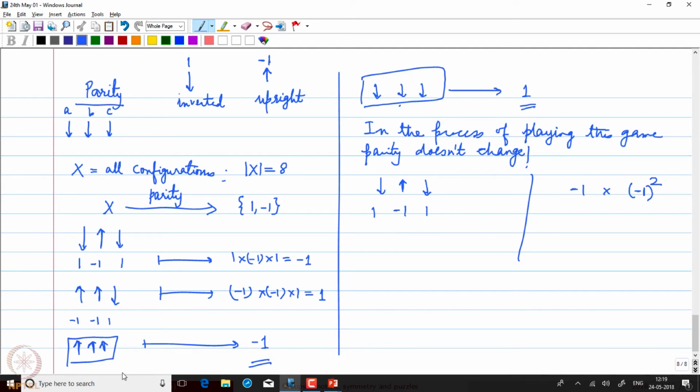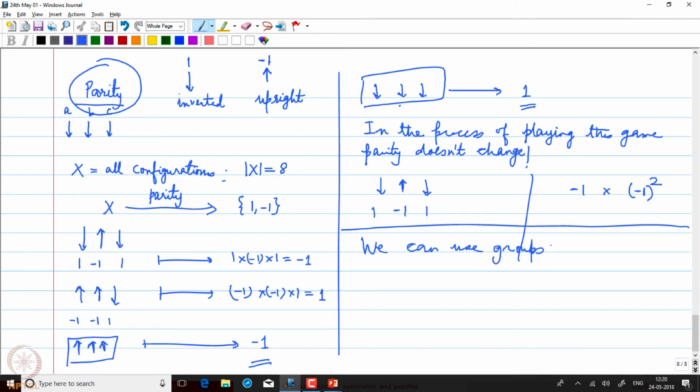So the same question had two different answers, one in terms of parity and one in terms of group actions. And the interesting thing is that we can actually use groups to define various notions of parity.